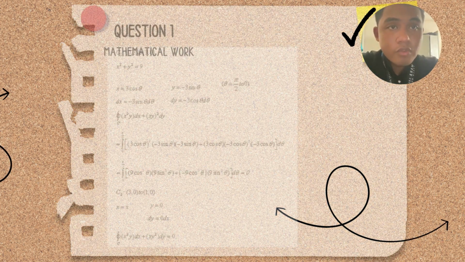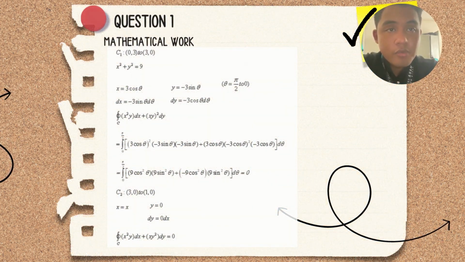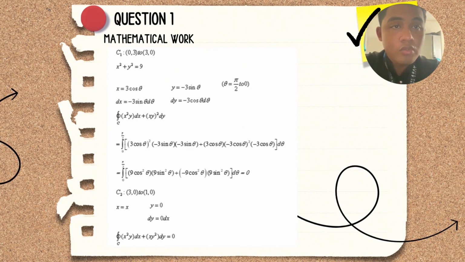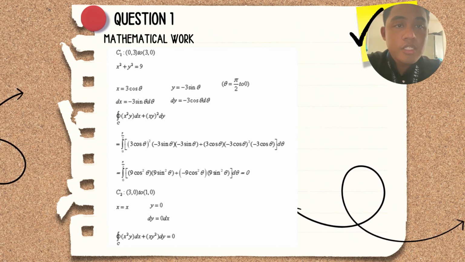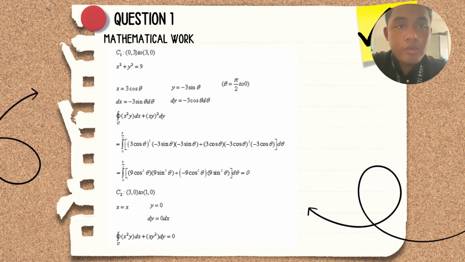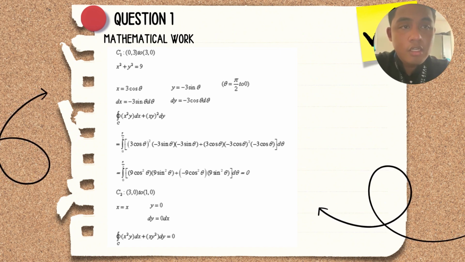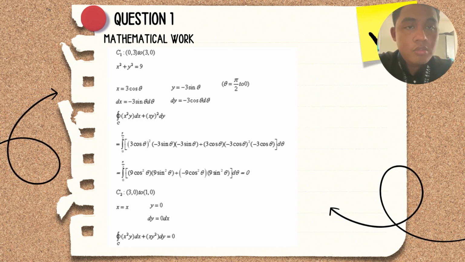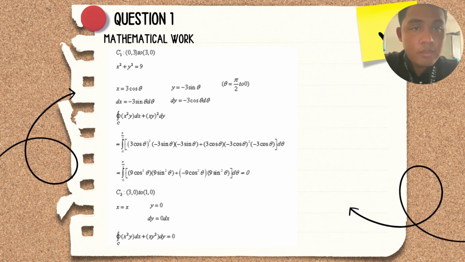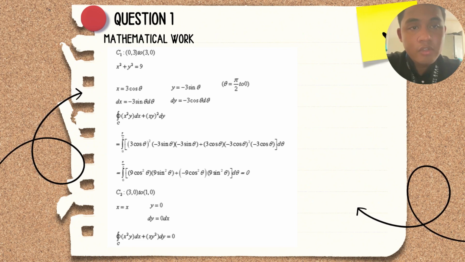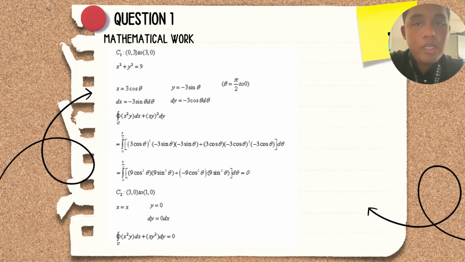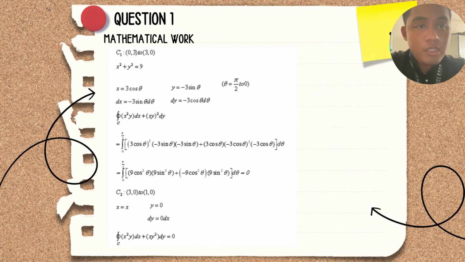Alright, next we move to the left hand side. We start with C1, the curve from (0,3) to (3,0). The equation is x squared plus y squared equals 9, and we convert to polar coordinates first. x equals 3 cos theta and y equals 3 sin theta, and then we find the derivatives. For x we get negative 3 sin theta d theta, and for y we get 3 cos theta d theta.